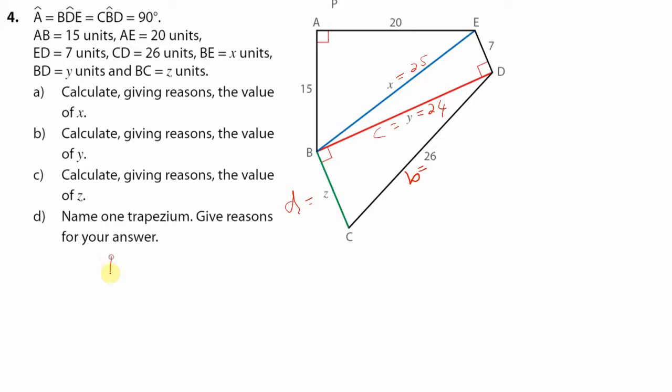Take that side, the one opposite the 90-degree angle, the longest one, square it. And now it's equal to the sum of the squares of the shortest sides, which is d squared and c squared. Remember your reason, Pythagoras.